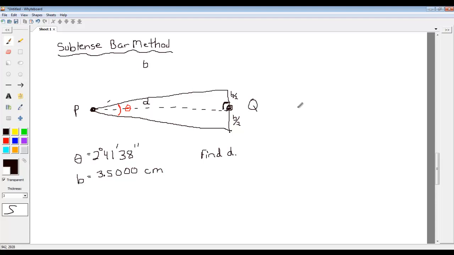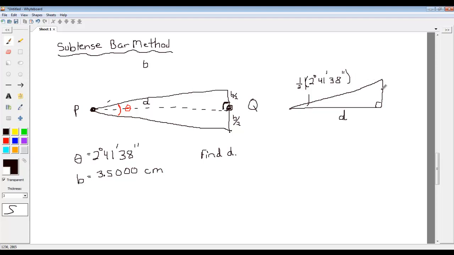Well, if we look at half of that triangle, we've got a right triangle going on there, and we're trying to find D. We know theta is 2 degrees, 41 minutes, 38 seconds. So this angle here is half of 2 degrees, 41 minutes, 38 seconds.